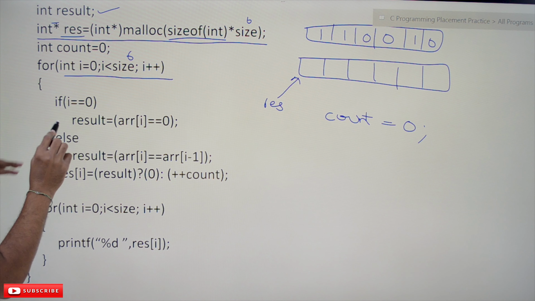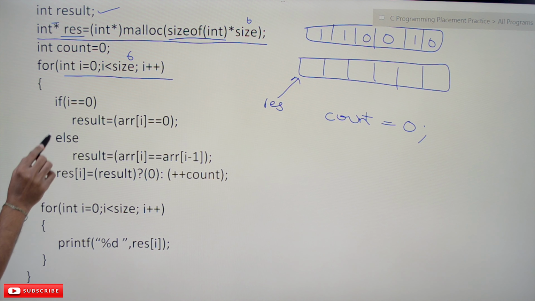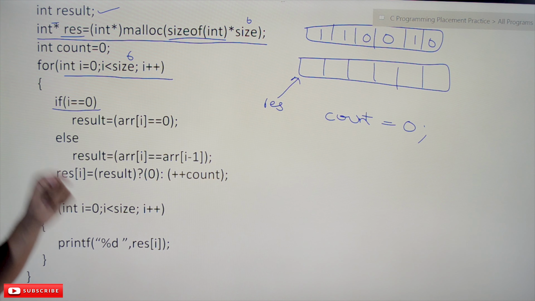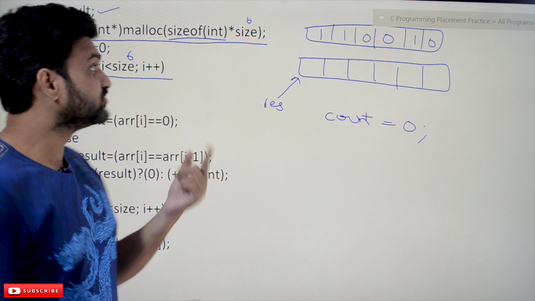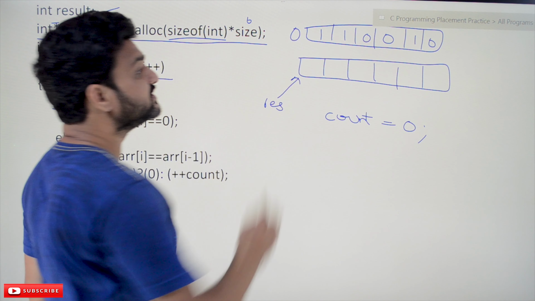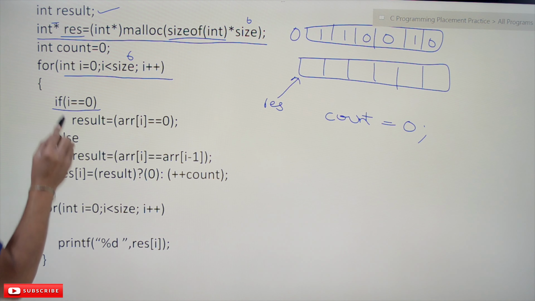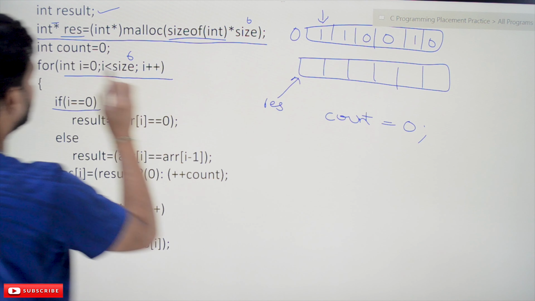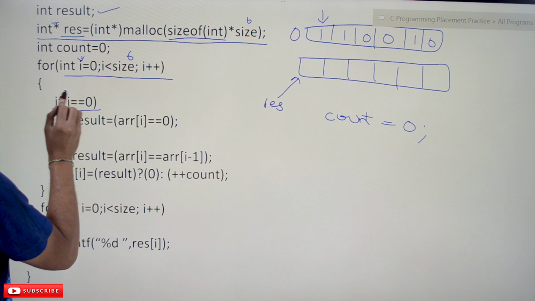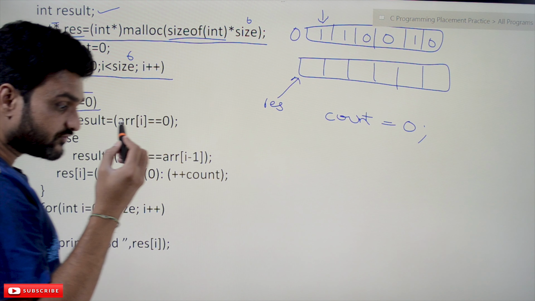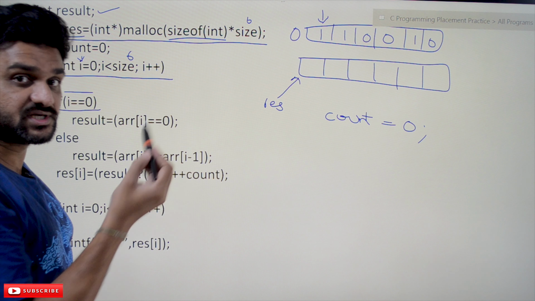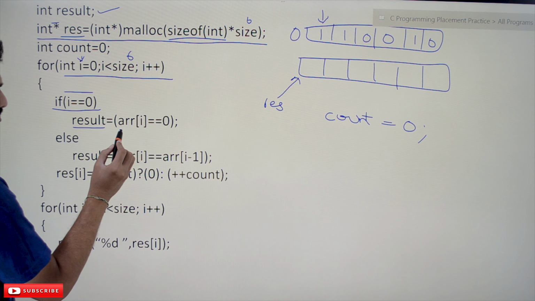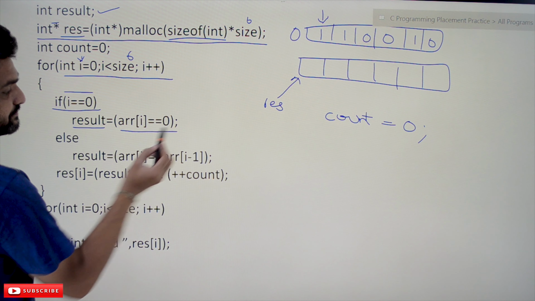So we can go into this for loop. If i is equal to 0, it is the case of the first bit, so what we have to assume is it is to be 0. If the index is 0, as i is starting with 0, because we have to consider the first bit, the result value has to be stored with this comparison.